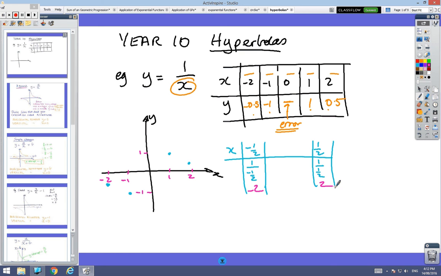So now we can put in a couple more values. So I'll just change colours. So I've got 2, minus 2. And now we've got that value, and now we've got that value. And if you kept doing the values, as x gets smaller, the answer gets bigger, and as x gets bigger, the answer gets smaller, and the same on the other side.